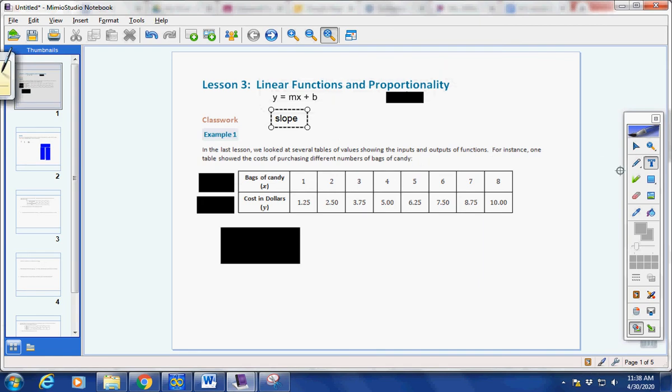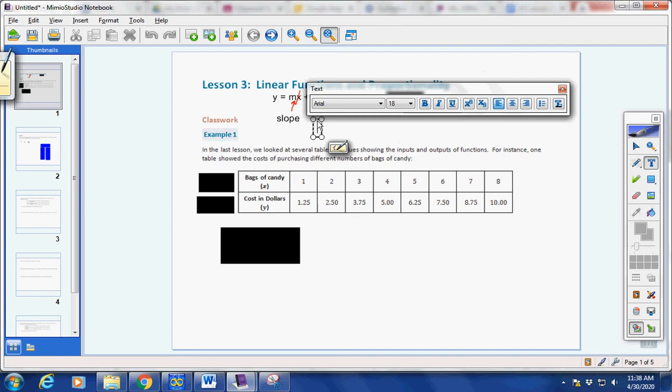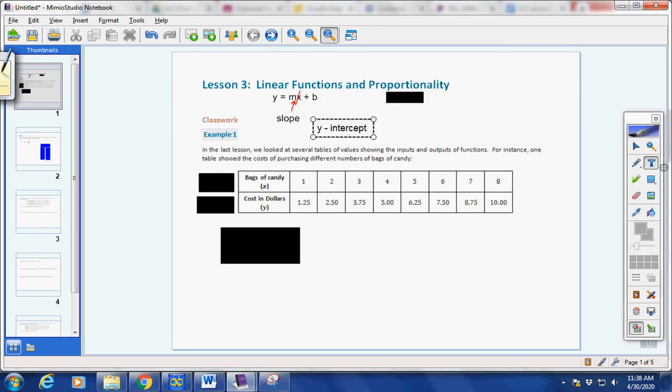So just using an arrow now, the m is slope. And then we want to keep in mind that our b, and this is going to come into play later, is our y-intercept. So our y-intercept goes with our b here.